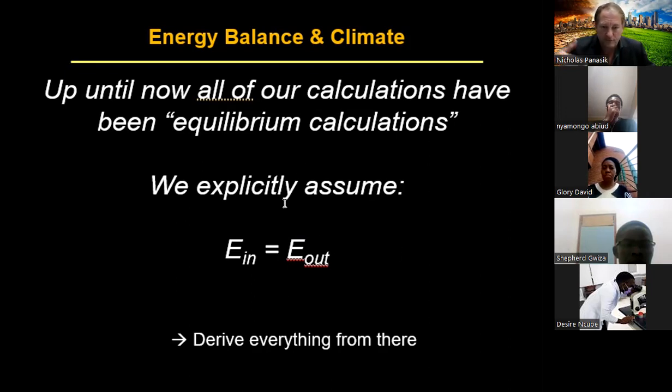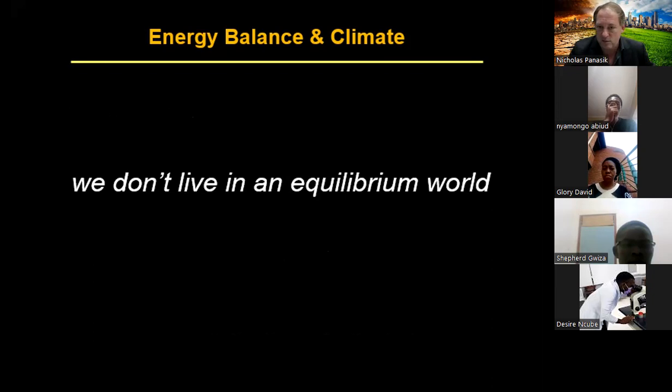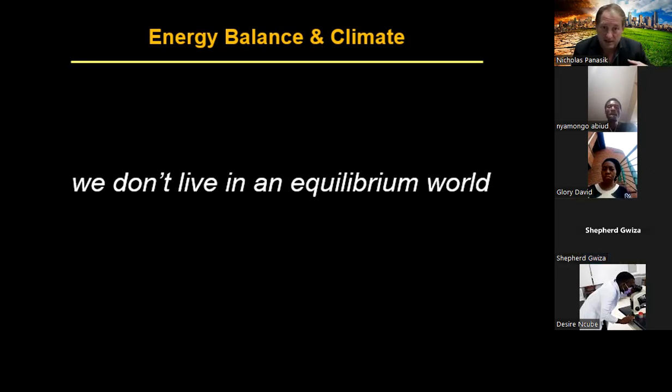All of the stuff you're going to be doing in that flip comes from this equilibrium assumption, okay? But we don't really live in an equilibrium world, right? We're doing things to the planet now. In the last videos, when we talked about the carbon cycles, we looked at how CO2 cycles throughout the planet into the atmosphere and into the oceans and into the land biosphere and even into the rocks.